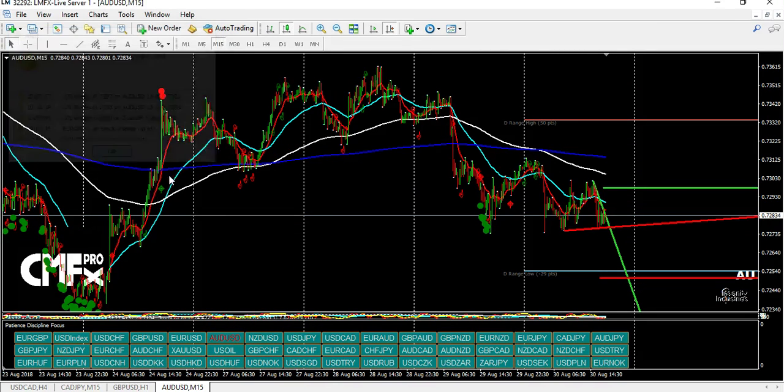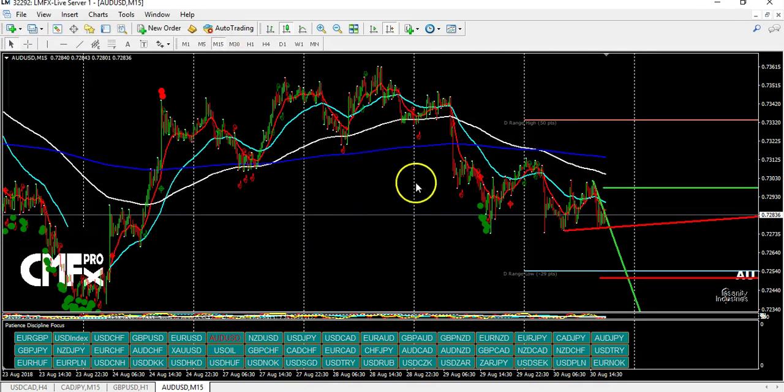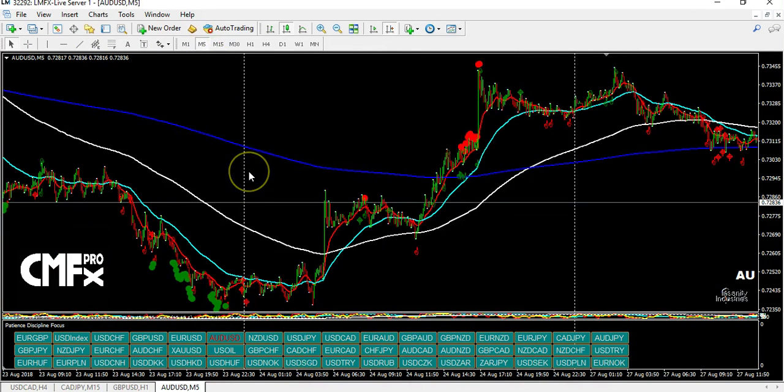Let's go back to AU, M15. All these high, low areas of the range, I'm confident on M5 you will see conditions follow through from exhaustion to exhaustion. So, like this is the high area here. Go to M5.